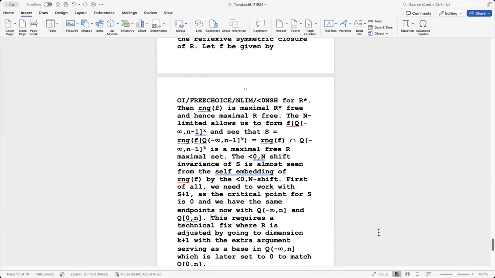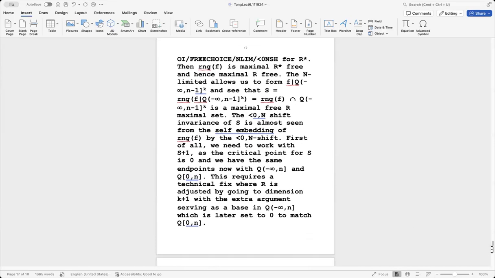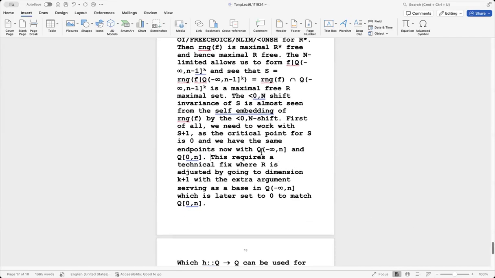So we get exactly what we want, but only in the sense of this. From the free choice there, we get exactly what we want, a maximal free set here, which is suitably invariant. But it's not quite the same because we're on a different space. We're in a space with no left endpoint. So this requires a technical fix.